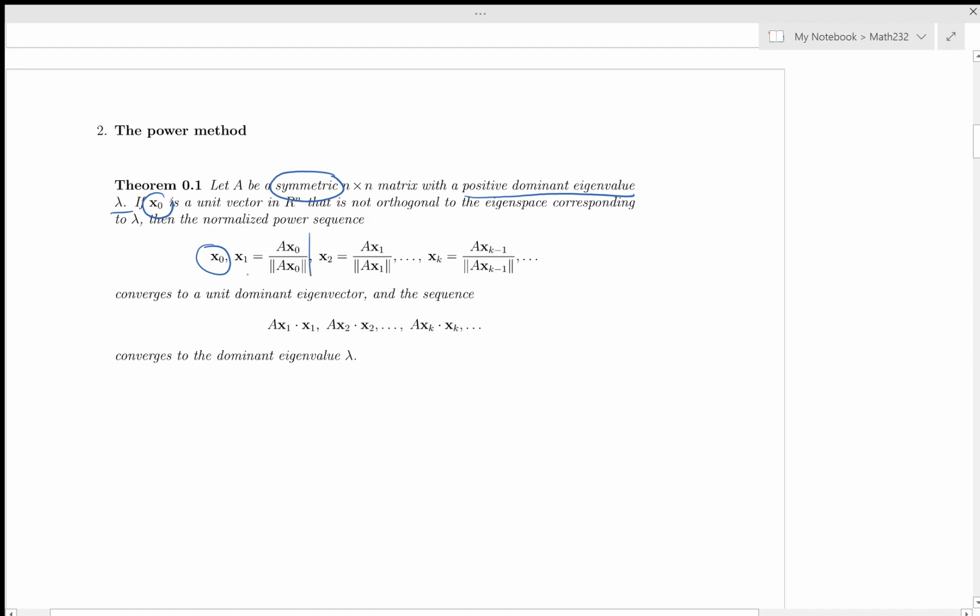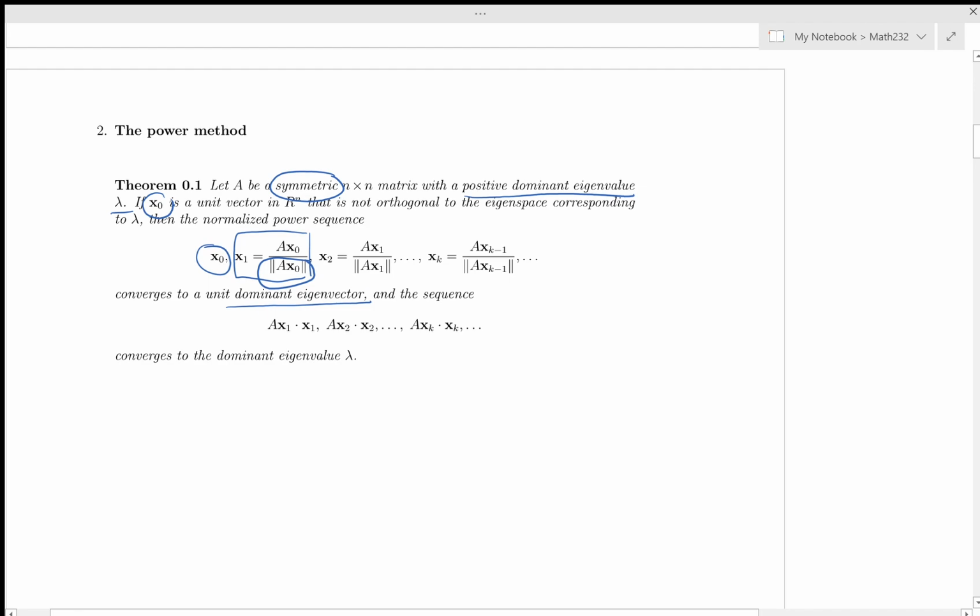We form x1 by multiplying A times x naught, and what's in the denominator is a normalization to keep the length of the vector at 1. Each time you renormalize to keep the length of your vector at 1, and then you produce this chain of vectors. The theorem tells us that this list of vectors will converge to the dominant eigenvector.